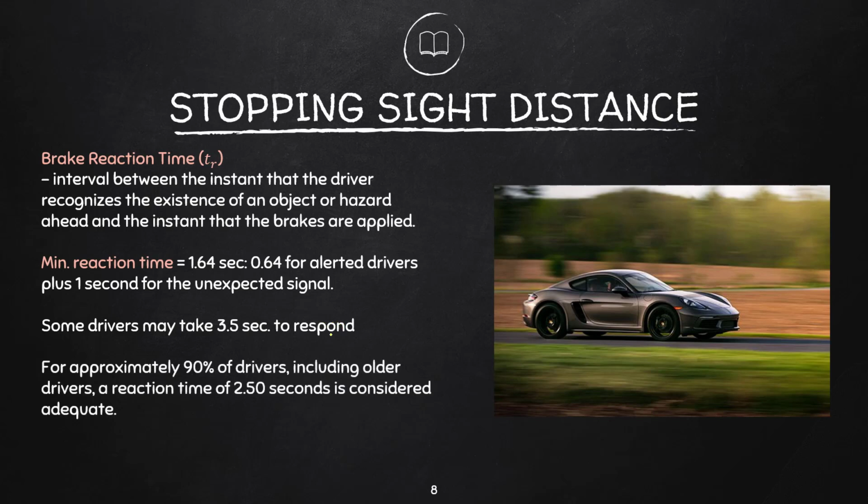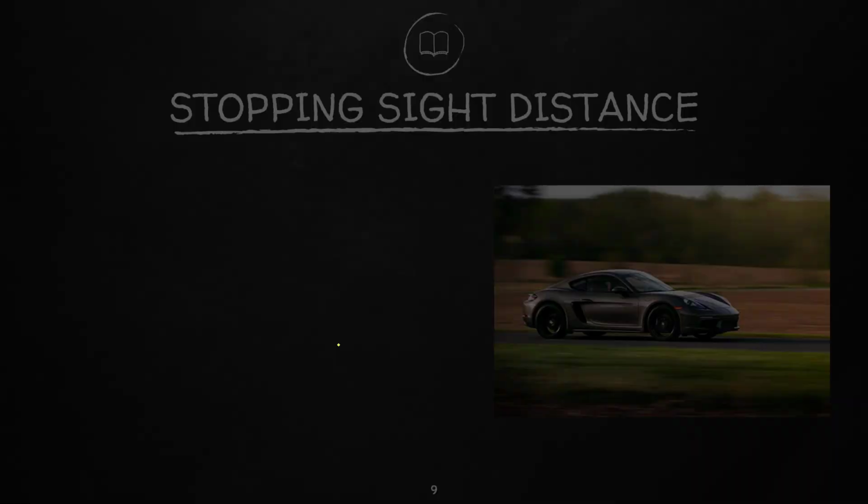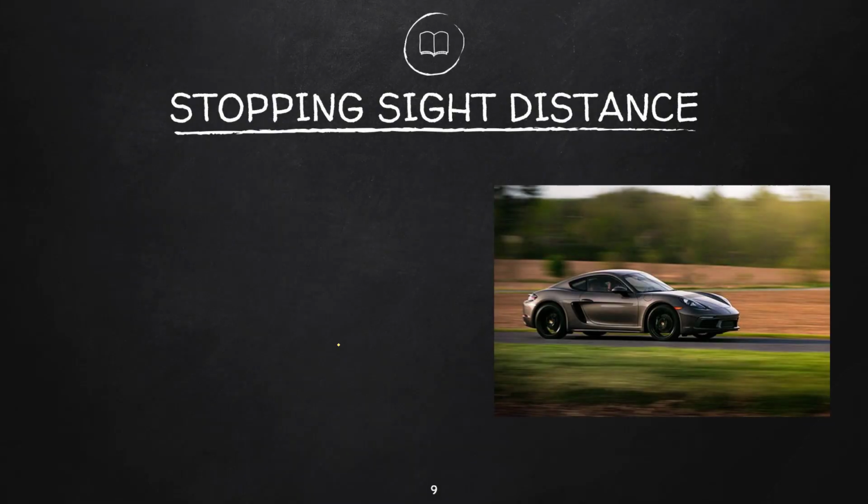So, for approximately 90% of drivers, including older drivers, a reaction time of 2.5 seconds is considered adequate. So, when the brake reaction time is not given in the problem, we consider the design value of 2.5 seconds. If it is not given, always consider 2.5 seconds. That is, of course, based on some studies.